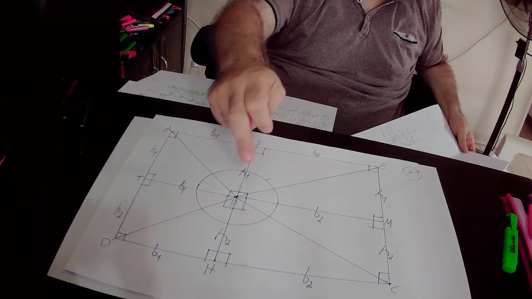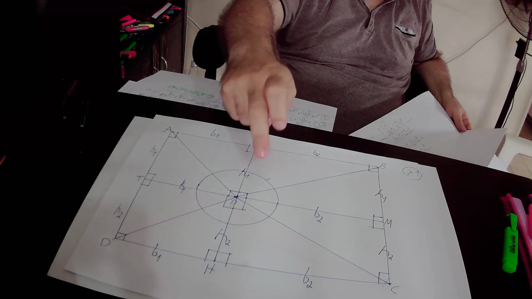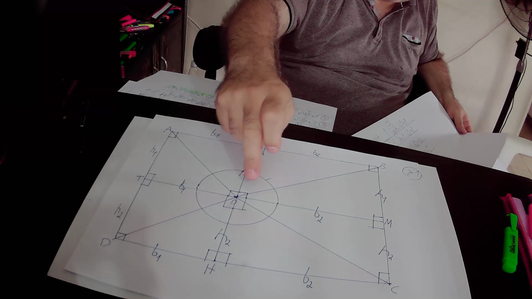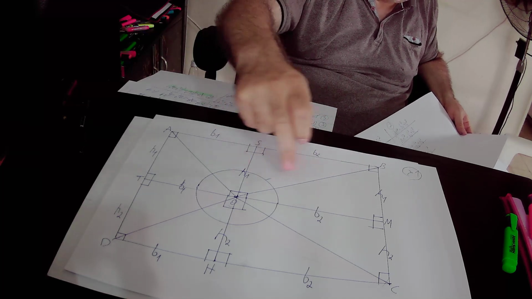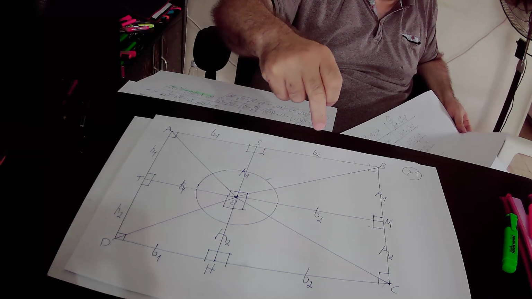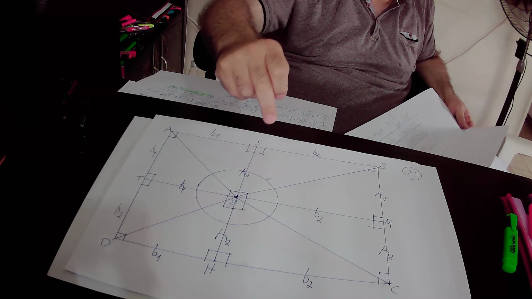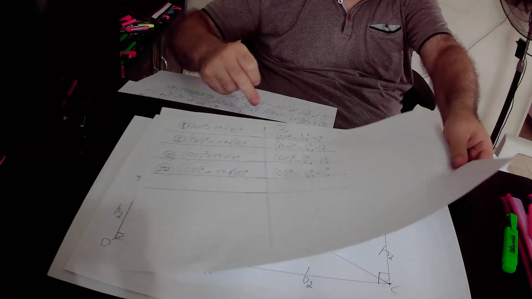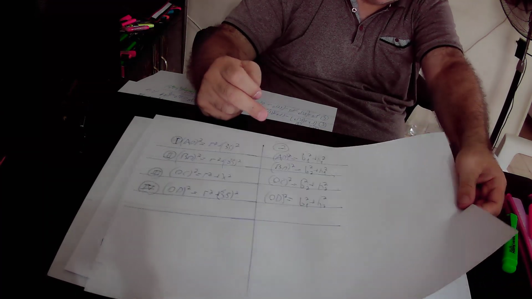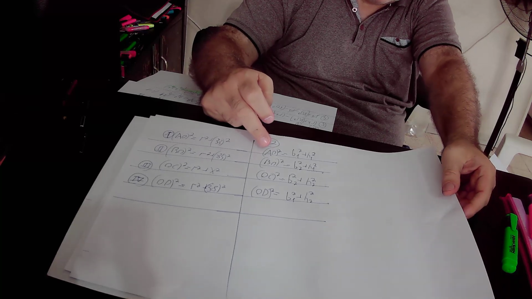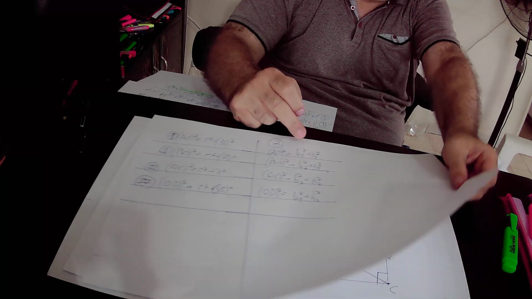Then we join points O and B together by a straight line. In the right triangle OBS, OB square equals B2 square plus H1 square. Again, in triangle BOS, BO square equals B2 square plus H1 square.